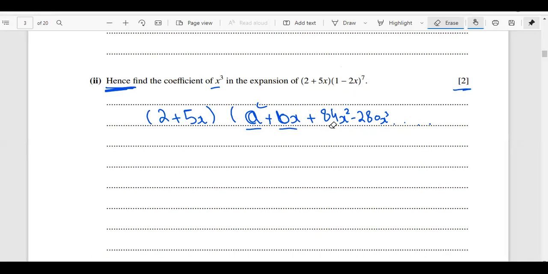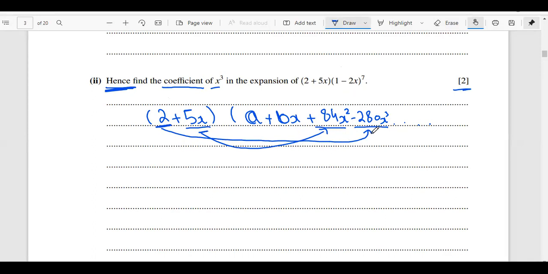Okay. We know that. Right. Now, I am interested in finding out the coefficient of x cubed. What would give me x cubed? I know once I multiply this x with x squared, this would give me x cubed, and when I multiply this 2 with x cubed, this would give me the x cubed term. That is it.